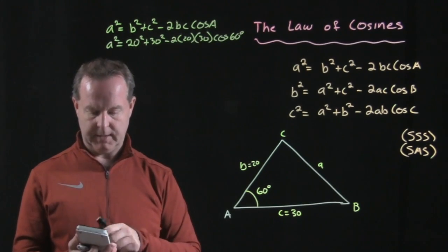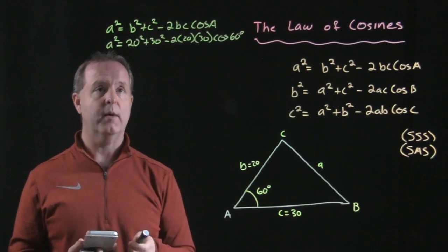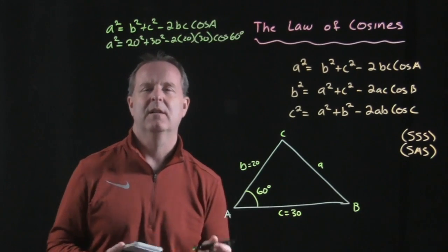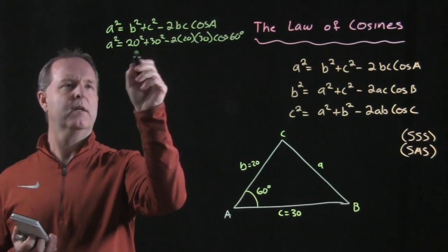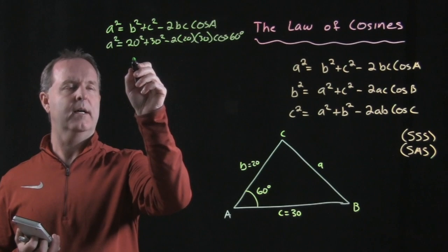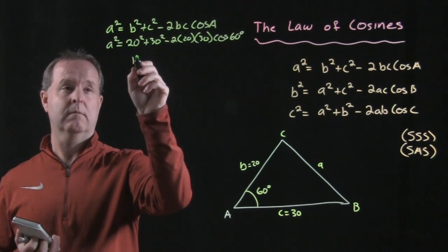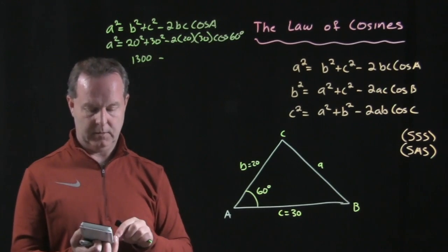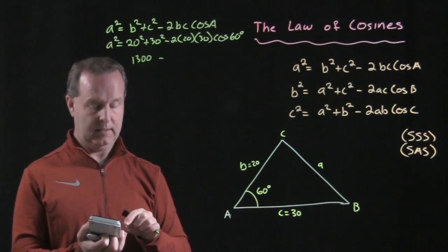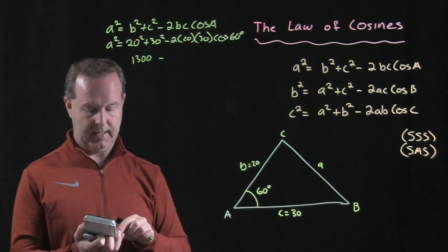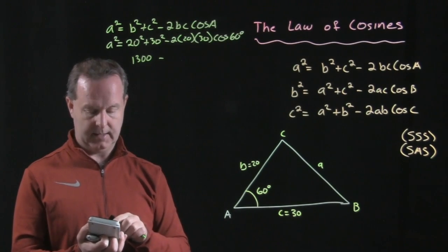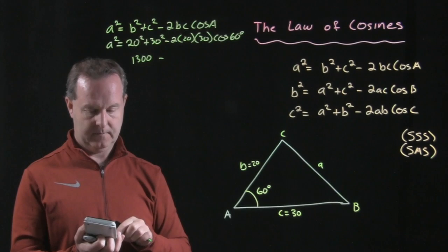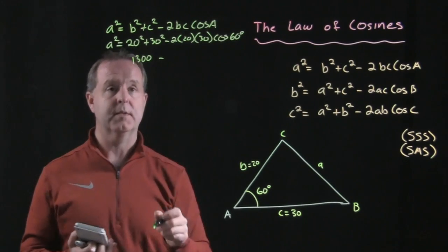I have to do this in a couple steps, it looks like. 20 squared plus 30 squared. 20 squared is 400. 400 plus 900 gives me 1300, minus 2 times 20 times 30 times cosine of 60, which equals 600.